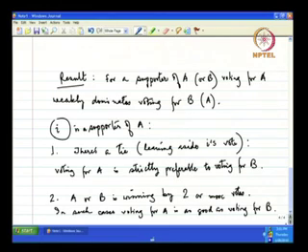And this case 1 and case 2 exhaust all the possibilities for I to vote.